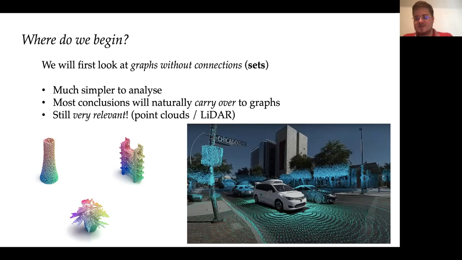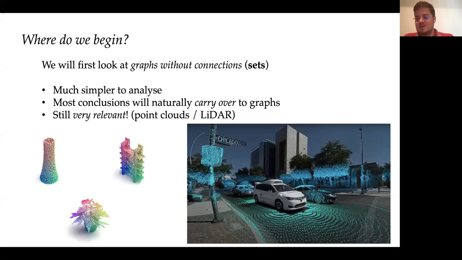And here you can see a demo excerpt from a Waymo video, which shows their self-driving car and how it reasons about the world around it, typically by using these sensors that detect the shape of the surroundings by basically a various number of points which are fed back to the model.